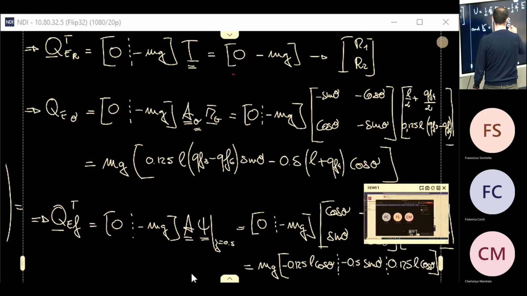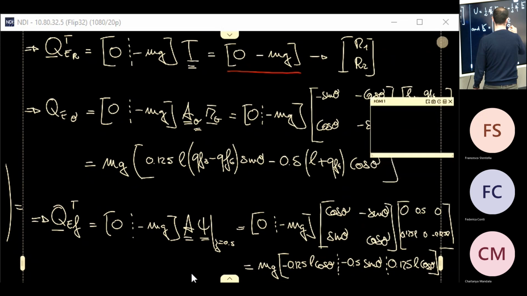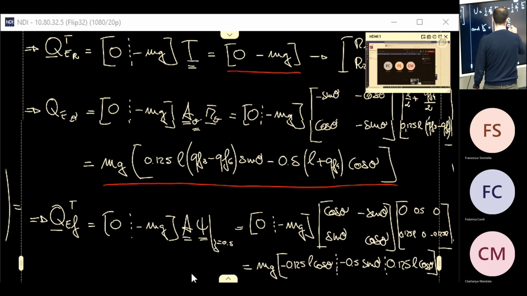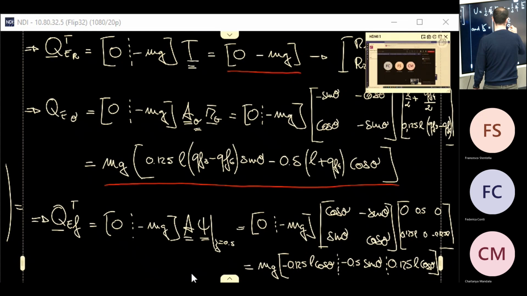So this is the external force which basically is responsible for the creation of work for translation. This is the external force associated to rotation. So when you rotate the body, this is the force that is exerted over the rotation. And eventually this is the generalized force which is associated to deformation.